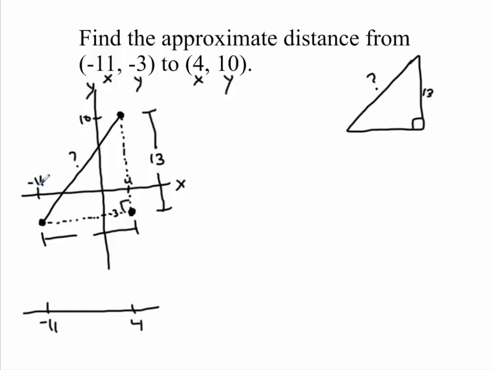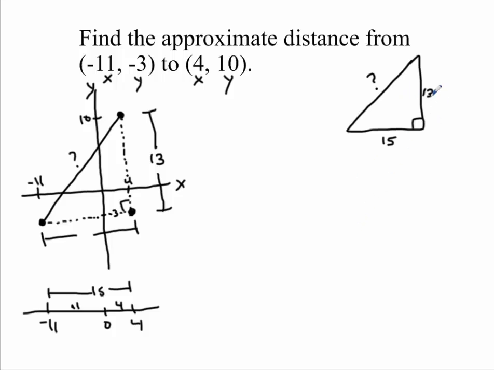So we want to know how far apart -11 and 4 are, because if we can figure out this length, then I'll know the length of the base of my triangle. 0 would be around here somewhere. The distance from 0 to 4 is 4. The distance from 0 to -11 is 11. So the whole thing would be a total of 15. 11 plus 4 is 15. So that would be the length of the base.